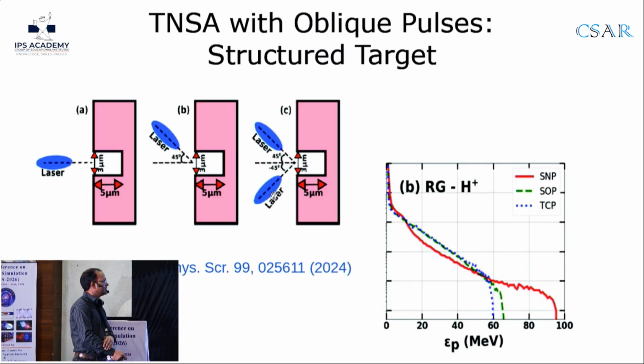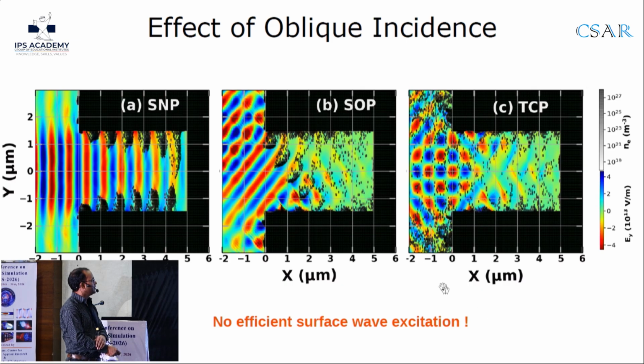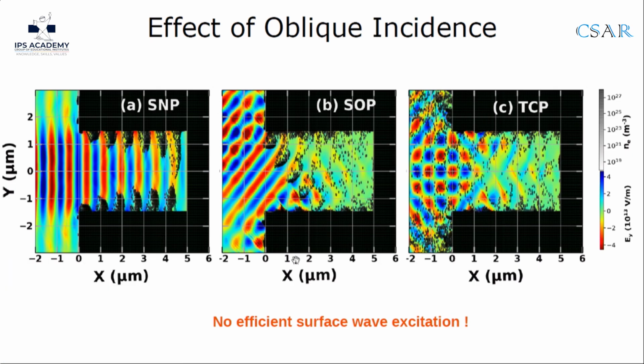We saw that the best case is a normal incidence of the laser pulse, and once you have an oblique incidence, it doesn't work. The reason is very clear: when the laser impinges obliquely, it does not have a grazing incidence, and you can see that the electrons are ejected, but they come out at two different angles.